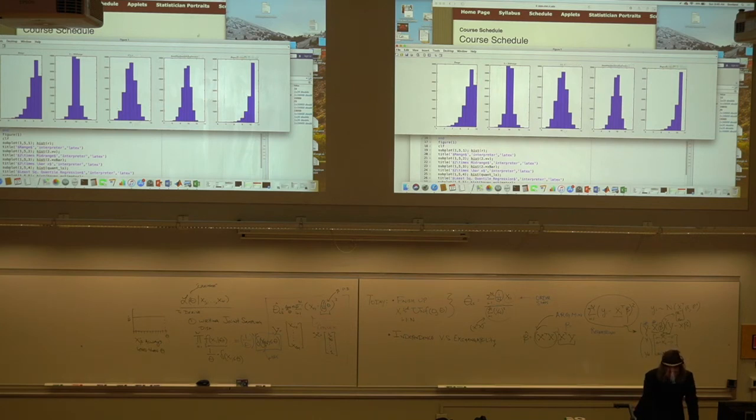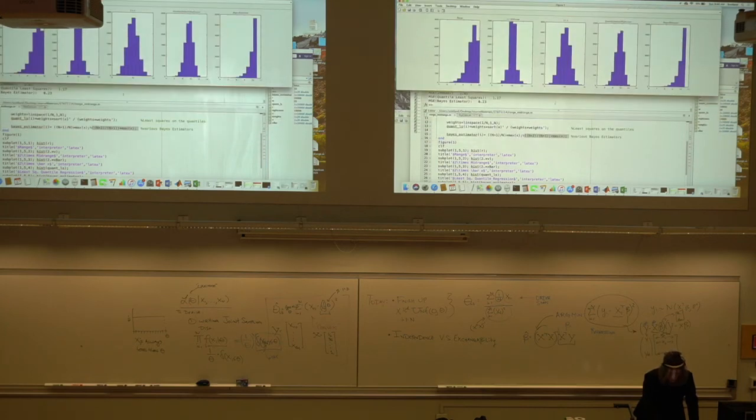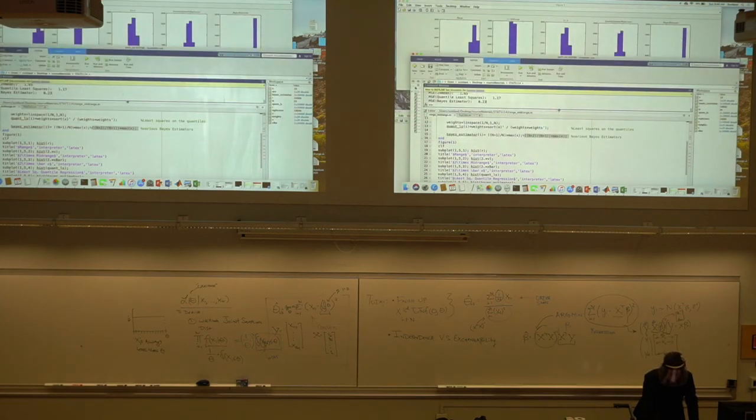And here's the other ones. What I ended up doing is I plotted the mean squared error.